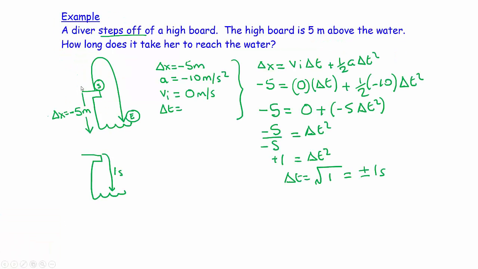So if the clock started here, I'm sorry, I clicked a button somewhere and my pen is, yeah, if the clock started here at 0 seconds, then this will be plus 1 second. Now this math doesn't know which direction you want to run time. So it's also giving you the answer for if you had negative times and were approaching the top, in which case it would be minus 1 second.